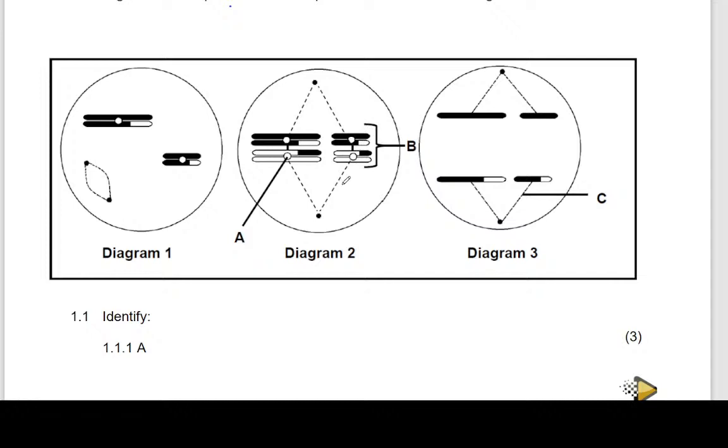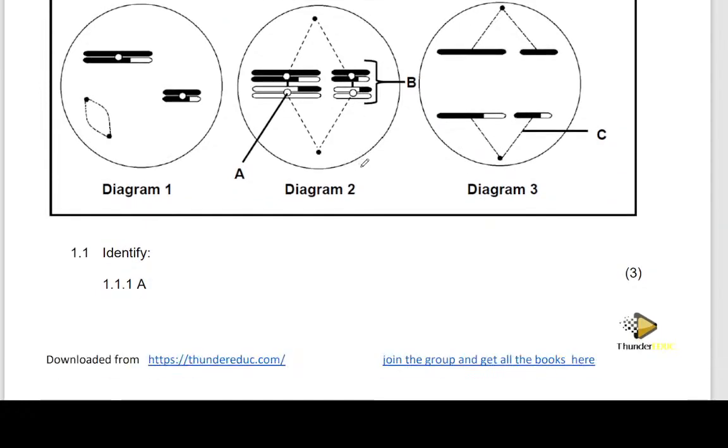Chromosomes which have the same shape, same size, same location of genes, not same genes, same location, same locus. Yes, we call them homologous chromosomes. Guys, don't forget to write correct spellings. Homologous chromosomes.